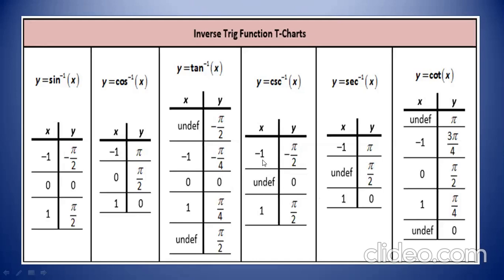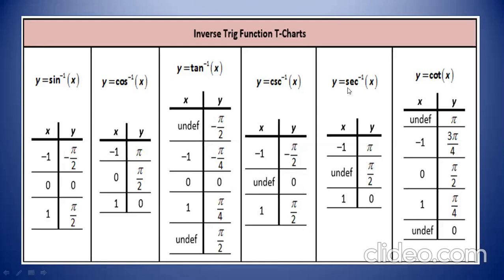So the domain must not lie in the interval -1 to 1. That's why we can write the domain for cosec inverse x as R minus the open interval (-1, 1), and range is -pi by 2 to pi by 2 except 0 degree.